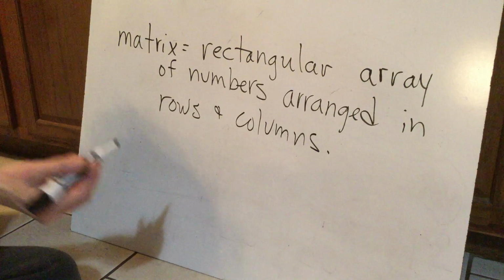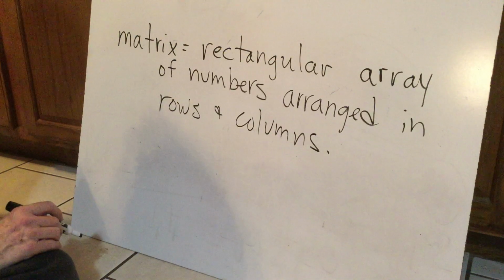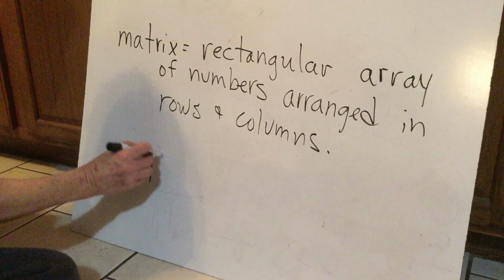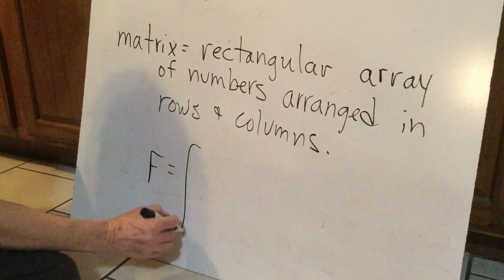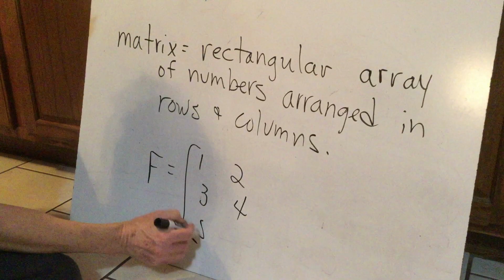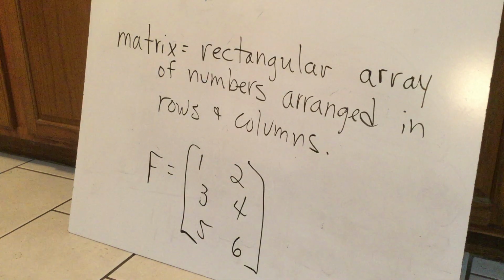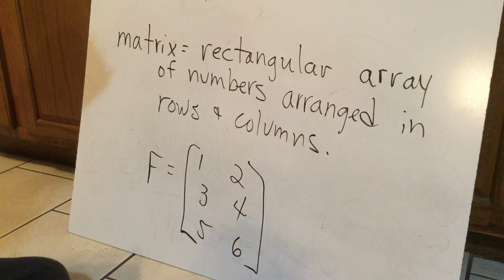So I'm going to just give you an example of a matrix. I'll call this matrix F. There is matrix F. Now we're going to talk about the other vocabulary words here.